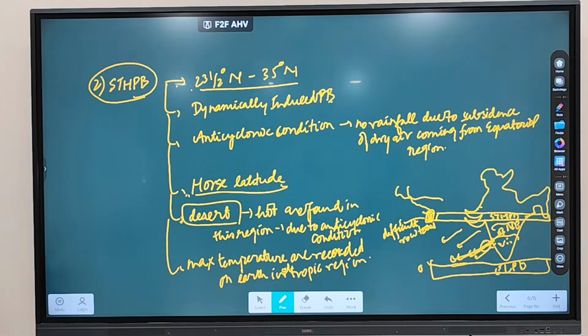Any other reason? Pressure will be increased. Any other thing? The air will lose its moisture and move away from the ITCZ zone, where the temperature will increase. Fine. Any other reason?